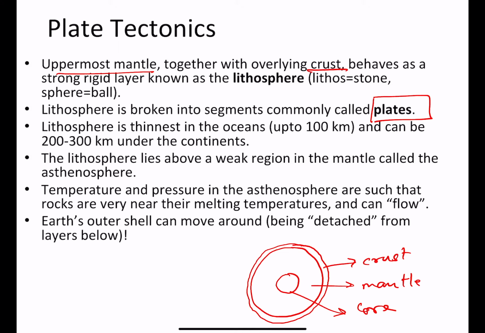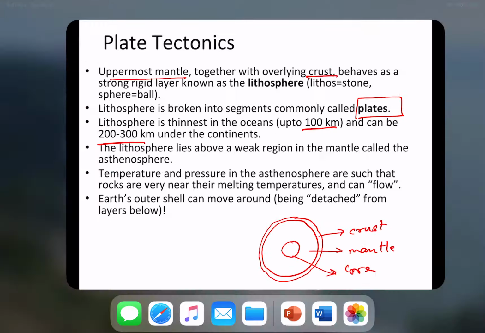Okay. Now, the lithosphere is thinnest in the oceans. It's about 100 kilometers thick, and it can be a little bit thicker underneath the continents. It's about 200 to 300 kilometers thick underneath the continents. All right, so hopefully the lithosphere is clear to all of you. Now, the lithosphere lies above a weak region in the mantle called the asthenosphere.